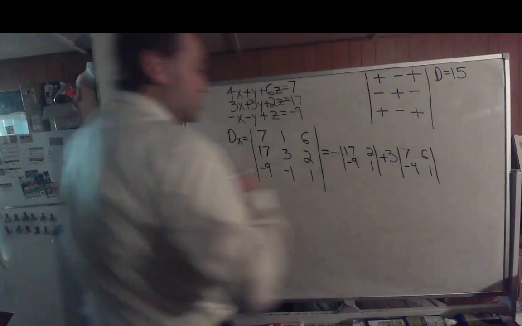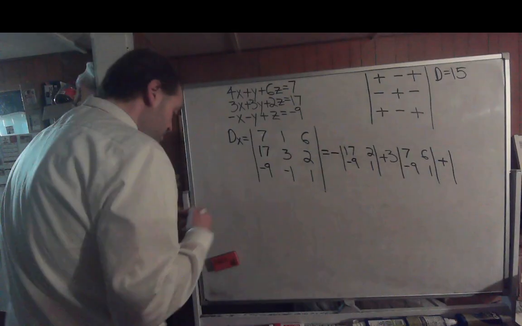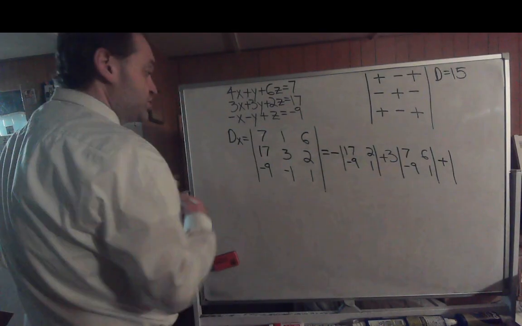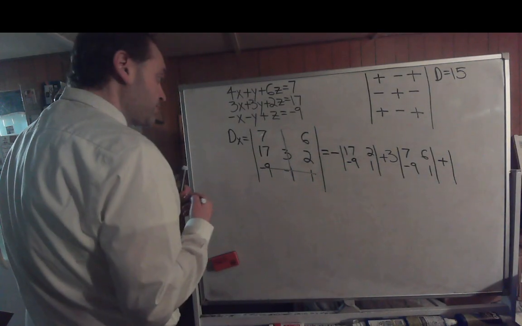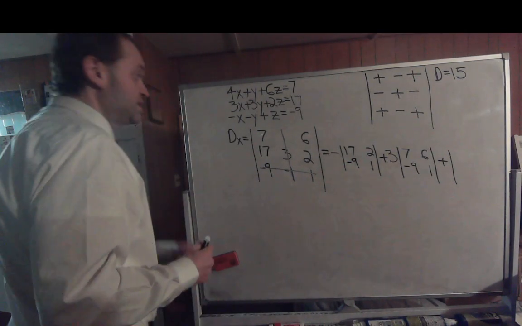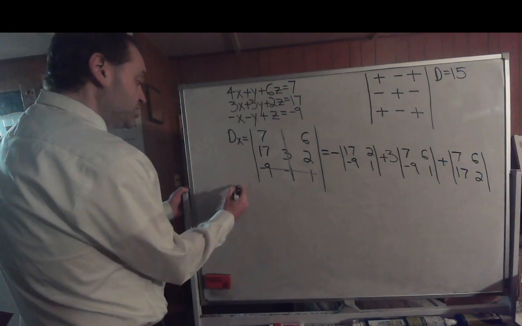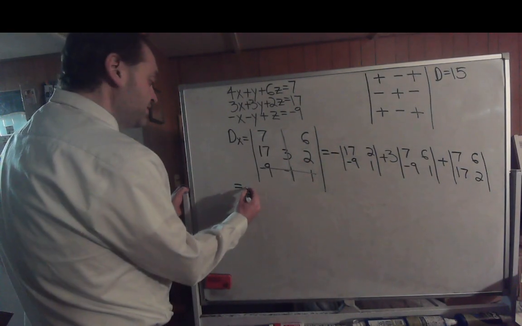So I'm just going to turn into positive. It'll be plus the resulting determinant of whatever's left when I strike out the second column in the third row. So the resulting determinant would be 7, 6, 17, and 2. Alright, so now I have my 3 2x2 determinants, so let's evaluate them.